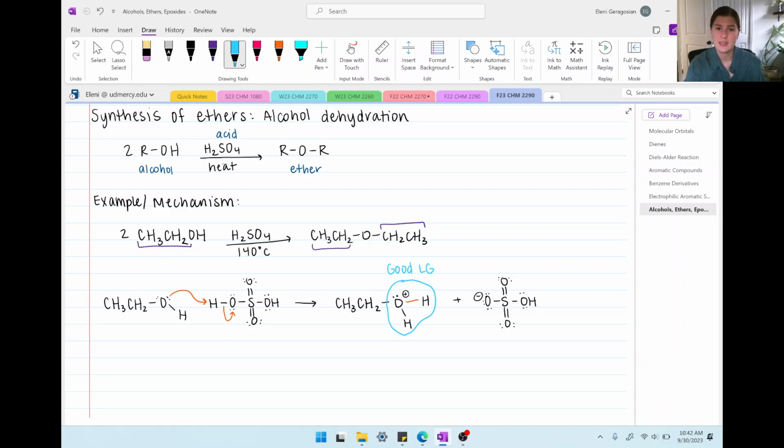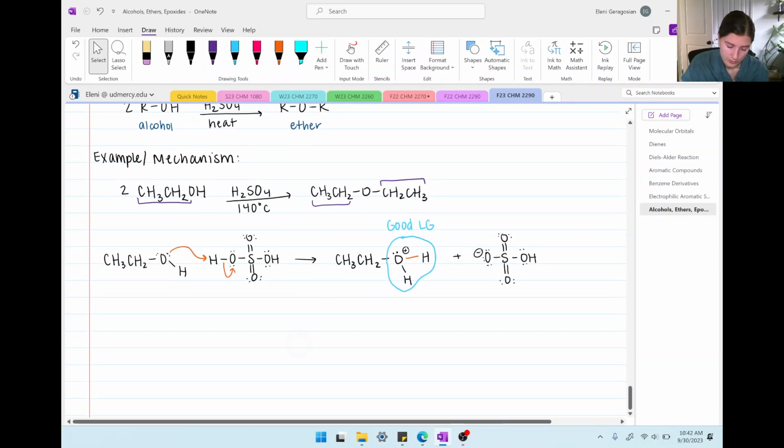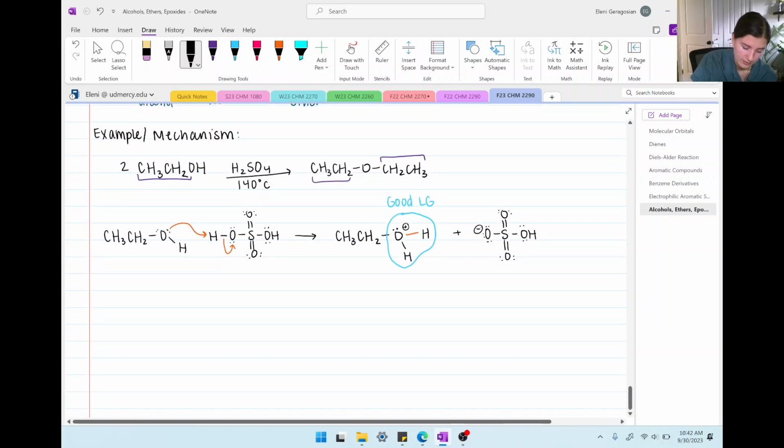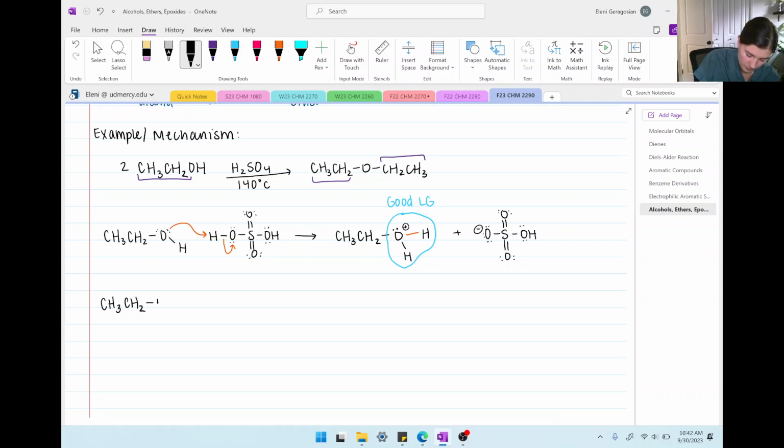But once you have the H2O, where the oxygen is still bonded to part of another molecule, that H2O is a good leaving group. So I'm going to redraw that protonated alcohol for this next step. We have a good leaving group.